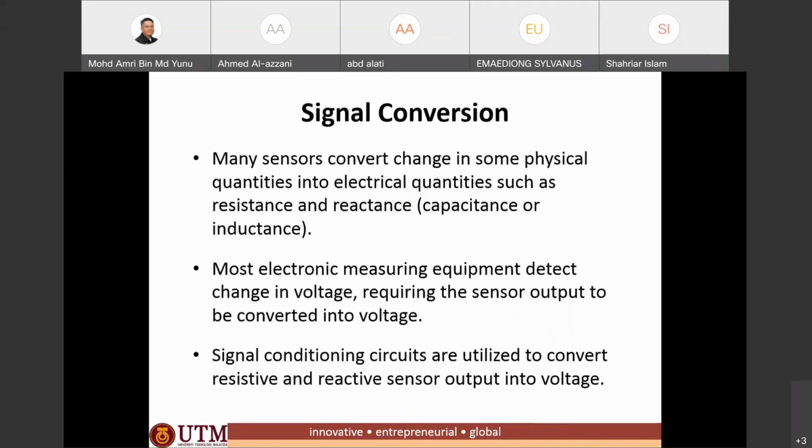And then we look into signal conversion. Many sensors basically convert a change in some physical quantity into an electrical quantity. Here we will look into how circuits are utilized to convert resistive and reactive sensor output into voltage.